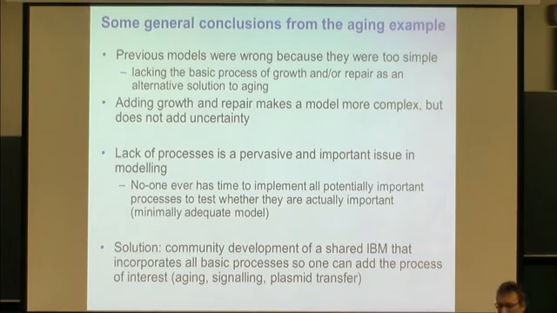And then you can be sure that you're not missing anything. Okay, so I think we really need to get away from everyone developing their own model for one specific question and therefore ignoring lots of other things, and someone else ignores other things, and no one has a model that has the capacity to try out all sorts of processes like signaling quickly. You heard Sam earlier talking about quorum sensing, for example.